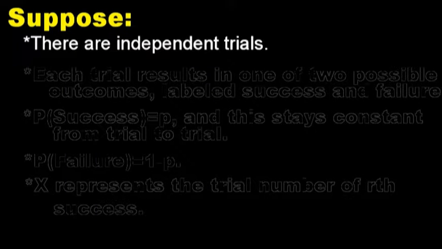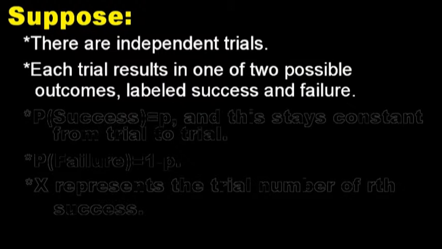Let's break down the idea about independent Bernoulli trials a little bit further. Suppose we have independent trials, and each trial results in one of two possible mutually exclusive outcomes, and we're going to label those as success and failure.